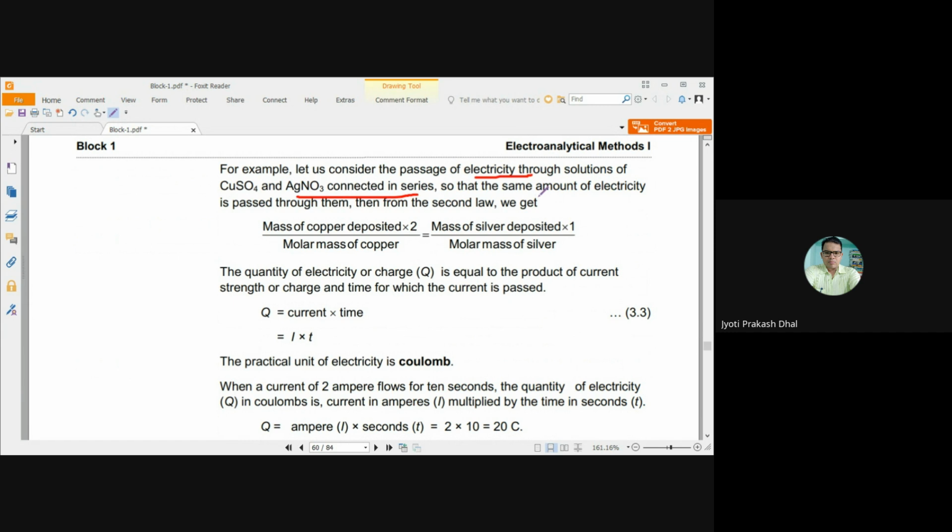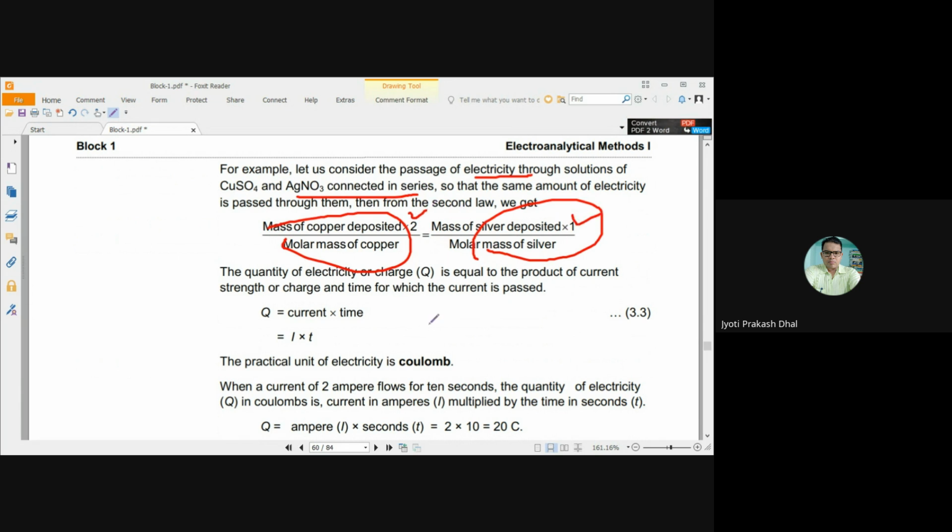Then the form of Faraday's second law is: mass of the copper deposited times 2 divided by molar mass of copper equals mass of the silver deposited times 1 divided by molar mass of silver.